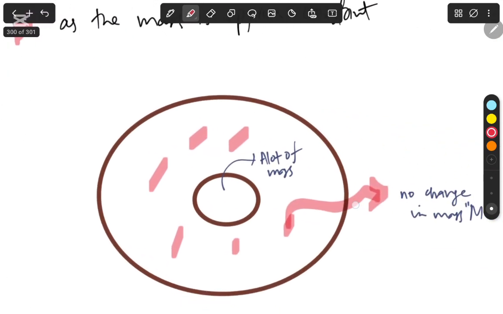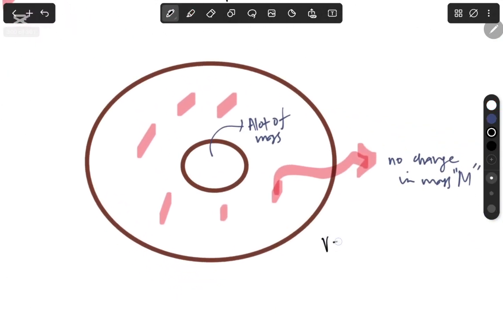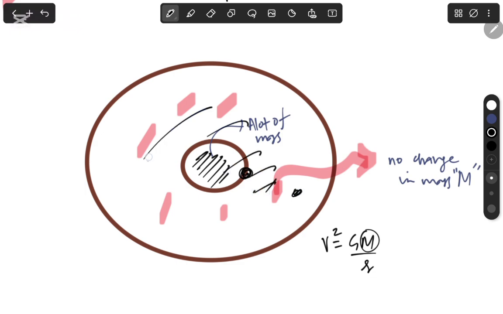Remember in our formula, v squared is equal to GM over r. This M is the mass. If something is orbiting here, we're seeing the mass of everything that's here. And if we're orbiting here, we're seeing the mass of everything in all of this region, in this circle.